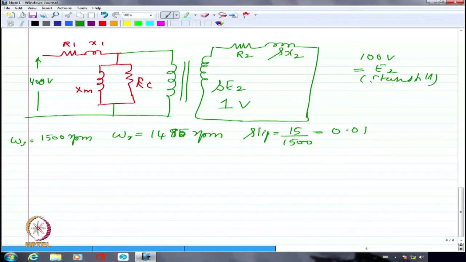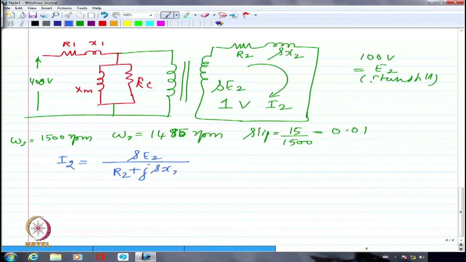Now, this is I2. I am calling this the rotor current. Right? Let me try to write the expression for the rotor current I2. So I can write I2 equal to SE2 divided by R2 plus jSX2. Right?